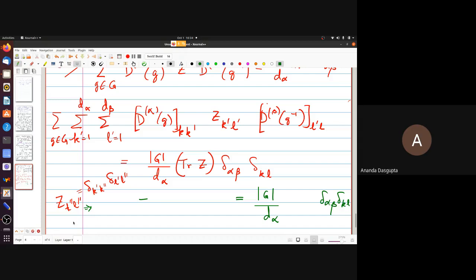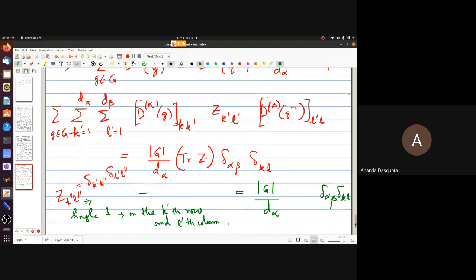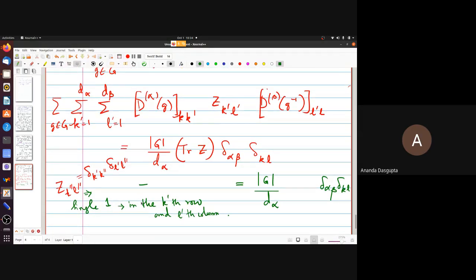This is a single one in the K primeth row and L primeth column. So what can you say about the trace? The rest of the elements are all 0. So what's the trace of such a matrix?